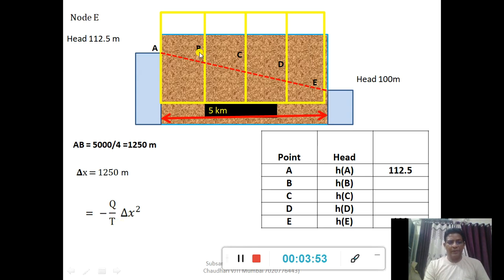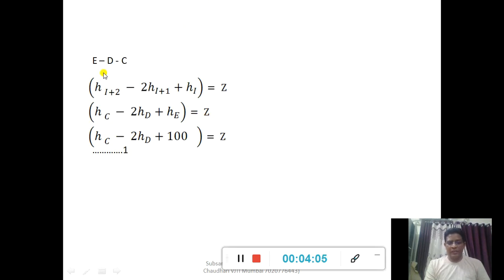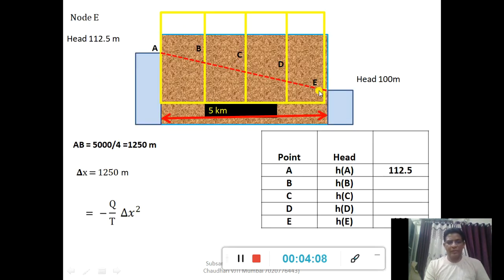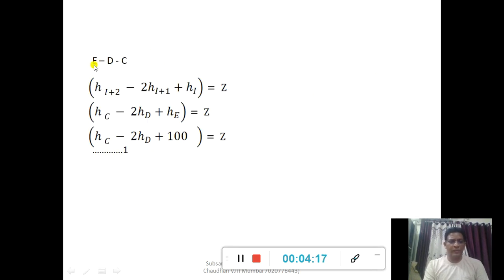Here AB equals 5000 meters divided by 4, 1250. So Δx equals 1250 meters. Next, write the equation for node E. For node E in a forward direction, E, D, C: i+2 is C, i+1 is D, and i is E. So h of C minus 2 times h of D plus h of E equals z.